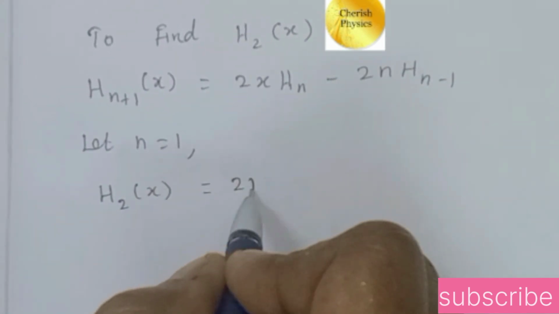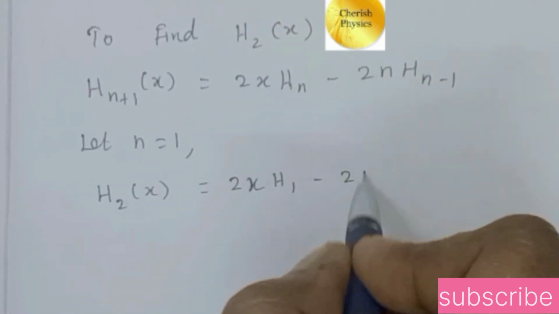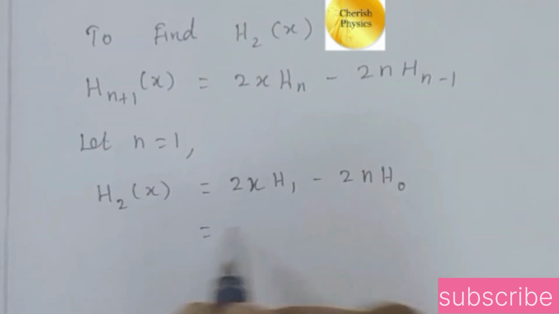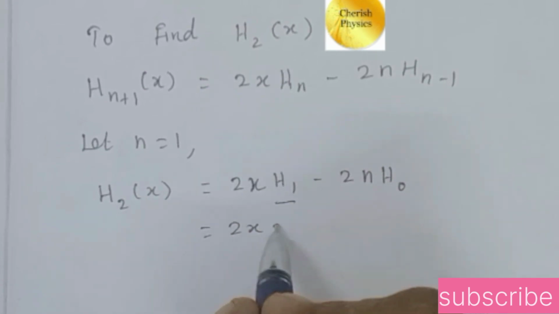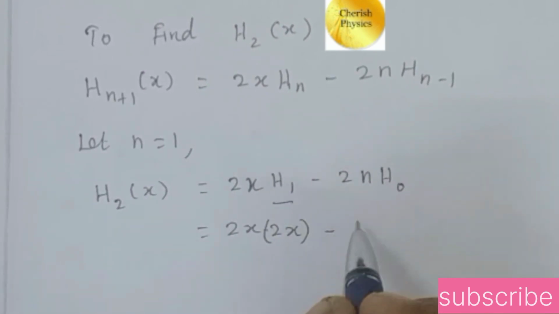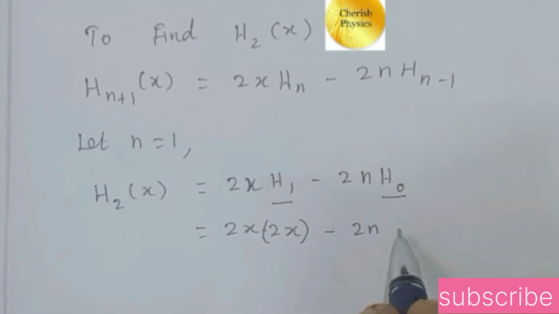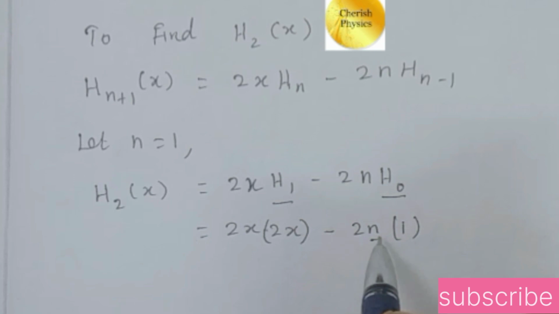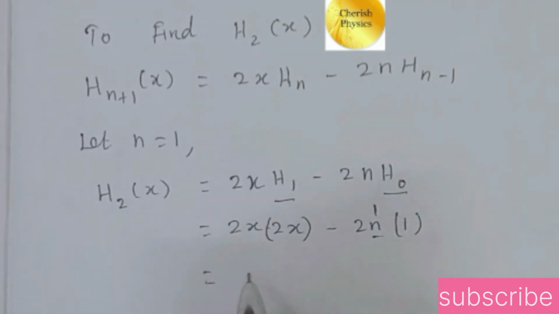We get H2 of x equal to 2x into H1 minus 2n into H0. Substitute the value of H1 and H0. We get 2x into 2x minus 2 into 1, n value is 1 and H0 value is also 1. So H2 of x equal to 4x squared minus 2.